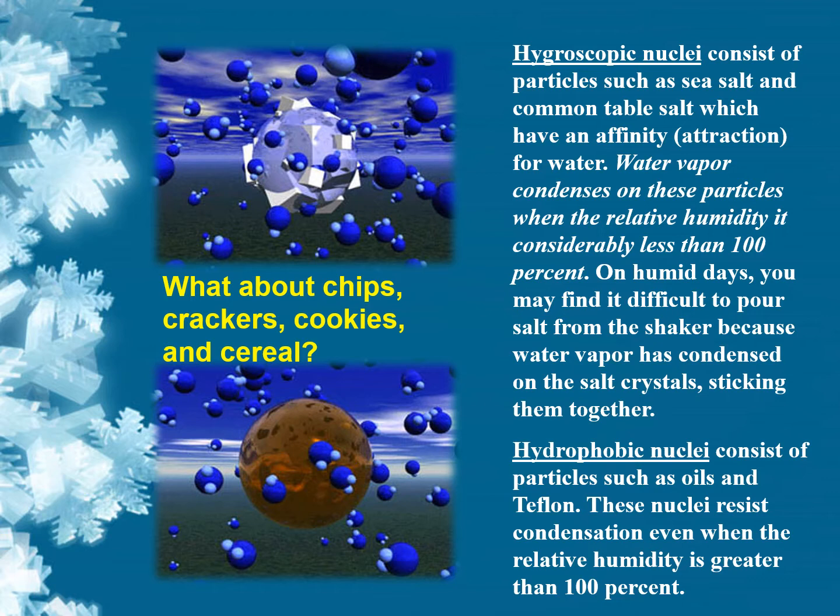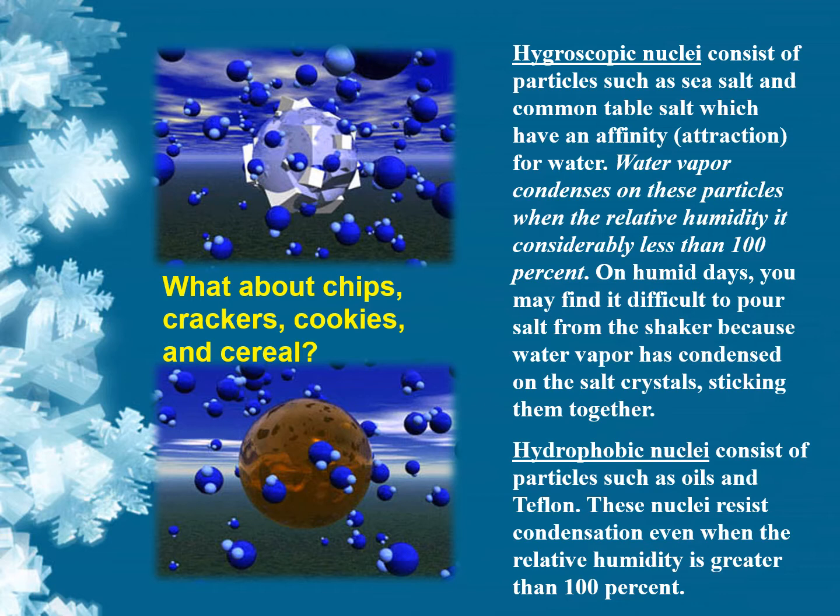Just a quick discussion here on the difference between hygroscopic and hydrophobic nuclei. I could see a quick multiple choice question about each of these on your first exam. So hygroscopic nuclei are things that are going to attract water. They're going to make a very good condensation nuclei for water.